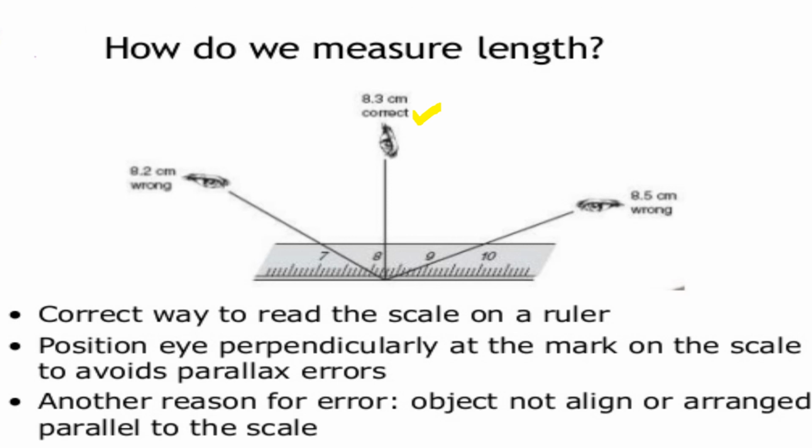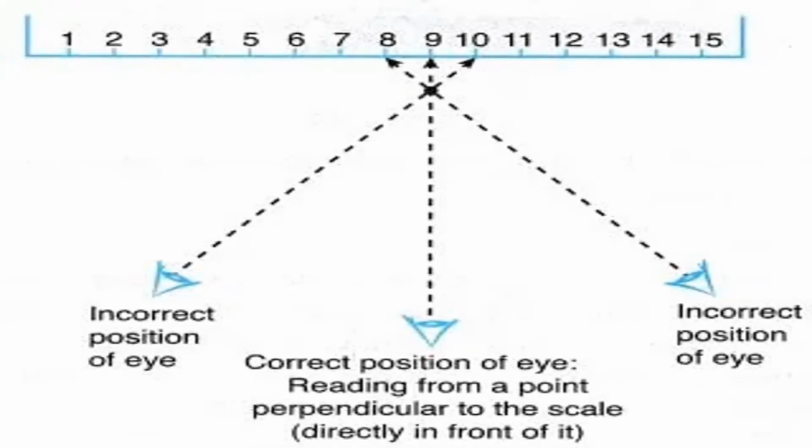We will get an accurate length while measuring the line segment by using a divider. So these are the errors while using a ruler.